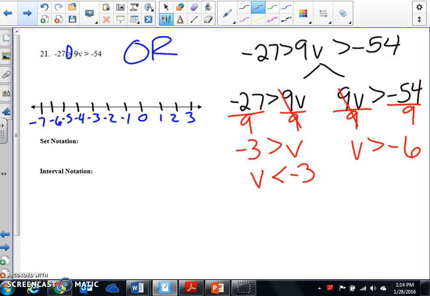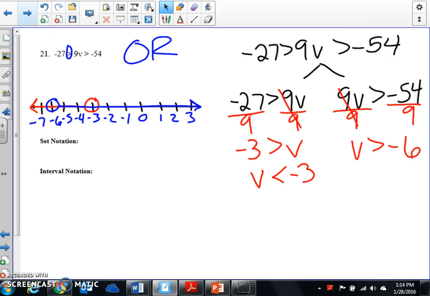Okay, so this is or. I go to -3. It's open. It's going this way. And then I go to -6. It's open going that way.